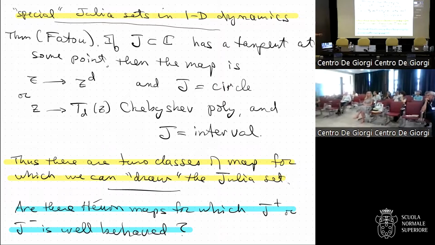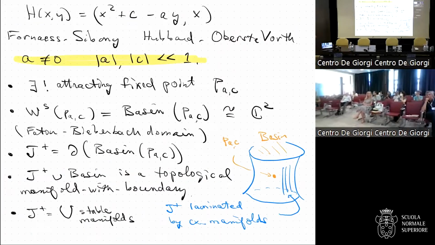So it would be natural to say, well, could there be Henon maps for which the Julia set actually is well behaved, some kind of either smooth or analytic or semi-analytic set? Well, back in the beginning, Fornaess and Sibony and Hubbard and Oberste-Vorth considered these quadratic Henon maps.